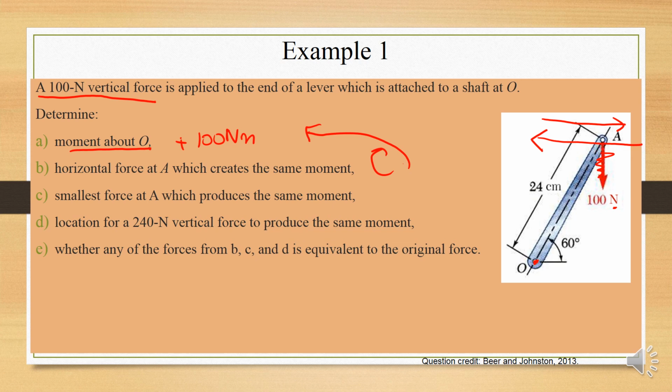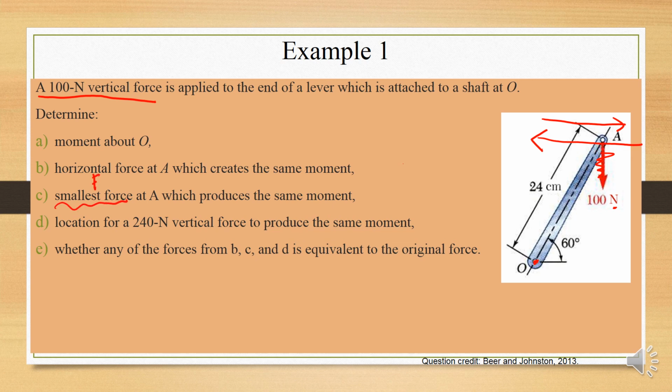For question C, it asks you to determine the smallest force at A which produces the same moment. For question A and question B, the value of the moment is stated to be the same. Same goes for question C. It requires you to calculate what the smallest force will be, the minimum F, which can be applied somewhere at A, so that it produces the same moment.